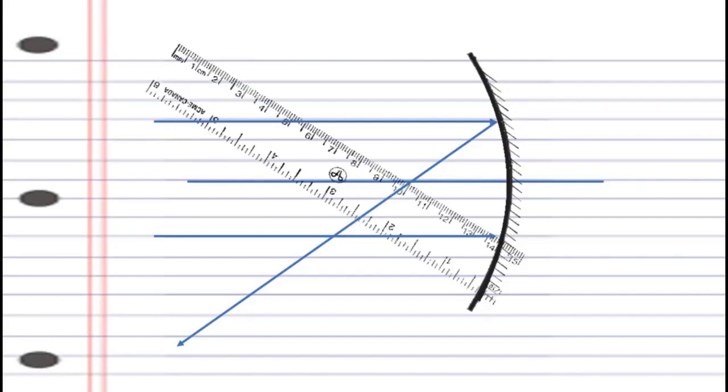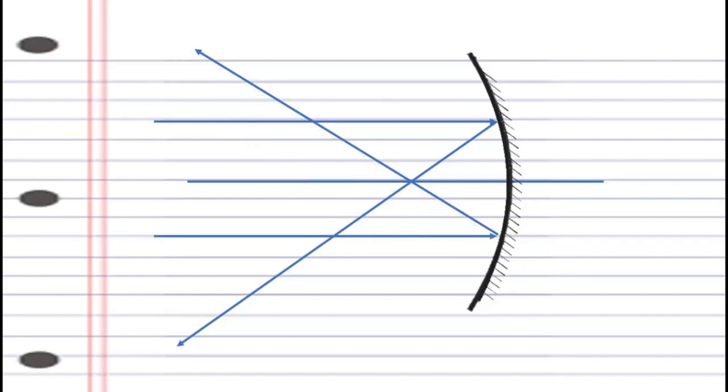No, not at all. We have to place it properly, because we know that the reflected rays of both these lines will pass through a single point. Point to be noted here, that the light rays which are parallel, understood, they have passed through a single point. We'll come back to this discussion a little later.